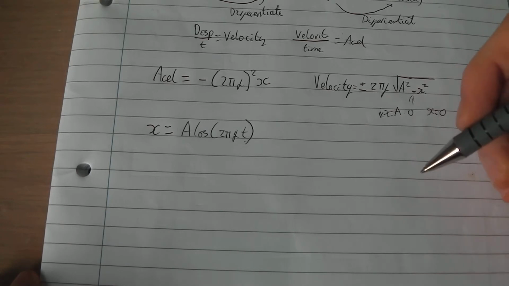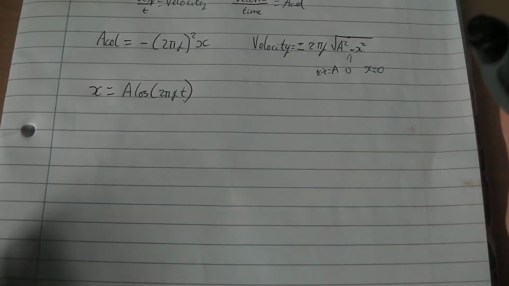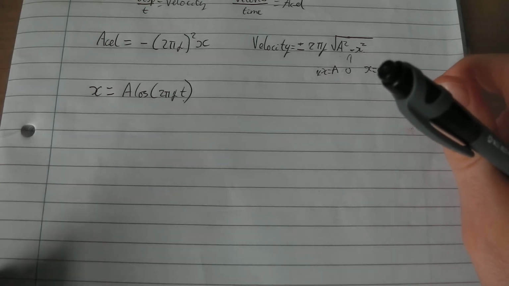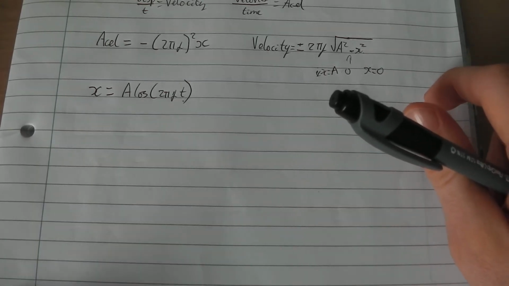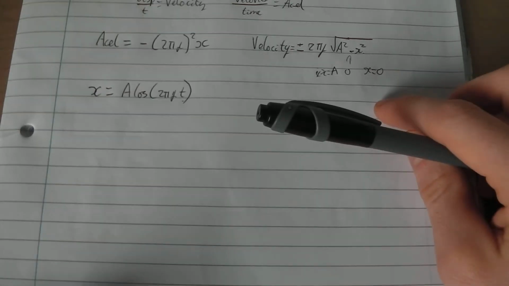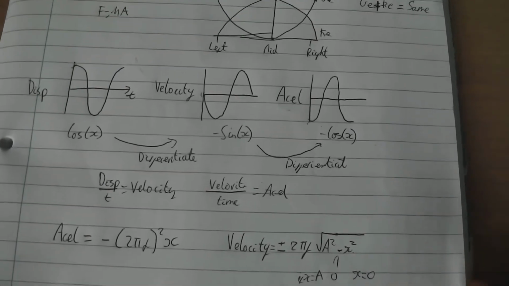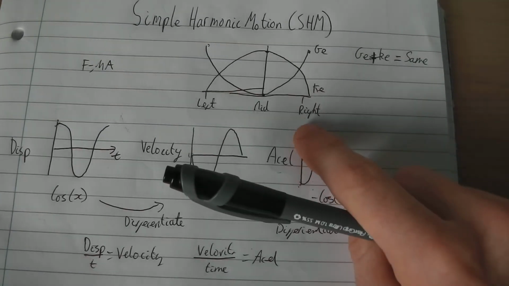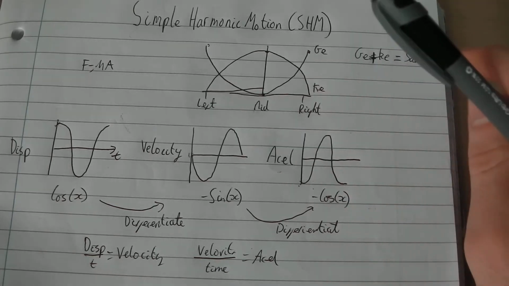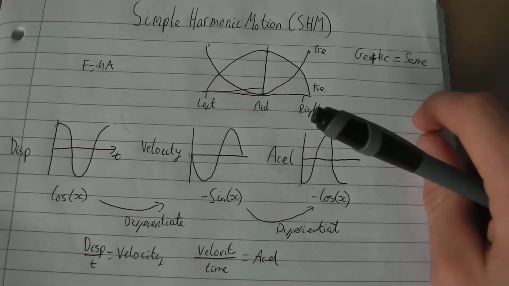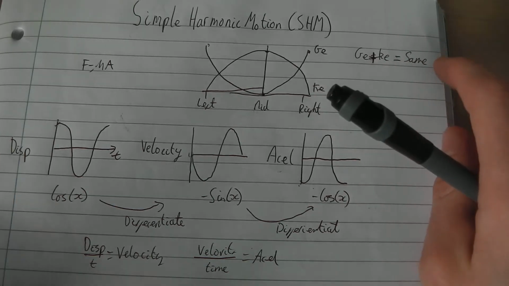So the important things to recap about simple harmonic motion is the definition, being that acceleration and thus force are directly proportional to the displacement from the midpoint and are directed towards the midpoint. The fact that the energy is transferred between kinetic and potential energy, and for a perfect system with no energy losses, the energies always add up to the same amount.